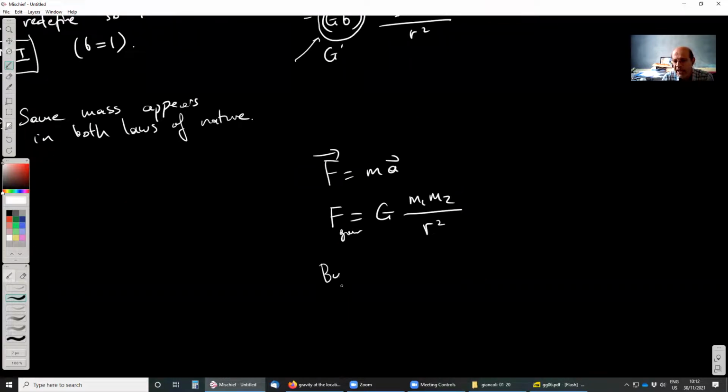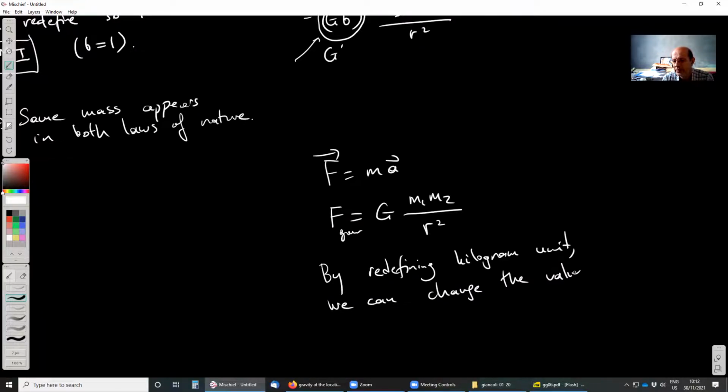By redefining the kilogram unit, we can change the value of the gravitational constant G. It basically depends on the definition of the kilogram unit.